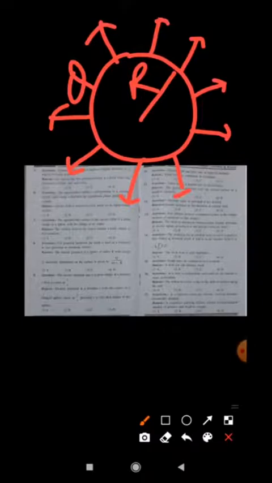If you take all these lines in the backward direction, you can see that they are assumed to come out from one point, and that we can take as the center of the sphere. So we can say that the whole charge distributed on the sphere is concentrated at this center.